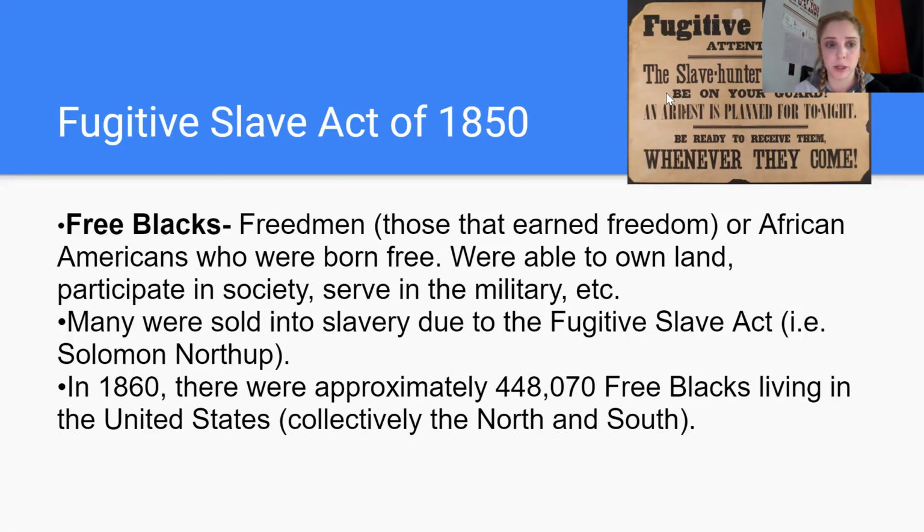And they had no legal protection. So how many free blacks were there? By 1860, leading right up to the Civil War, there were approximately 448,000 free blacks living in the United States. Because of the Fugitive Slave Act, again, the safe homes of the Underground Railroad will be organized.